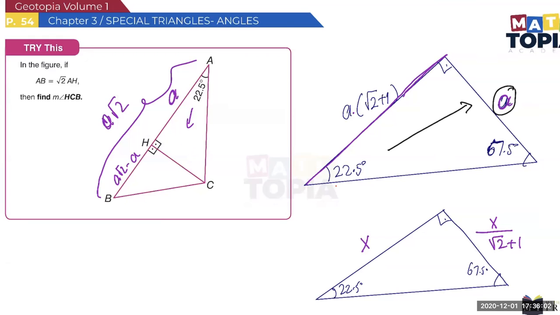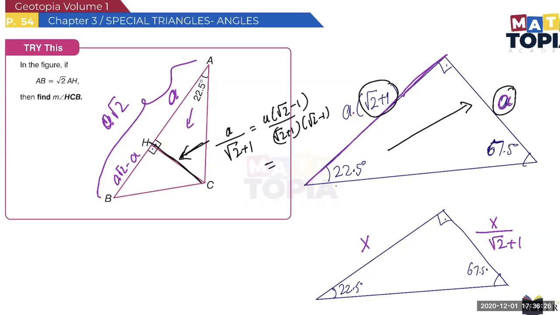That means this part is not a multiple of root 2 plus 1. It is divided, A divided by root 2 plus 1. Then it's going to be A times root 2 minus 1, root 2 minus 1 times root 2 plus 1, which is A root 2 minus A. We end up with finding the value of HC, A root 2 minus A, which is the same as this guy. It gives you 45.